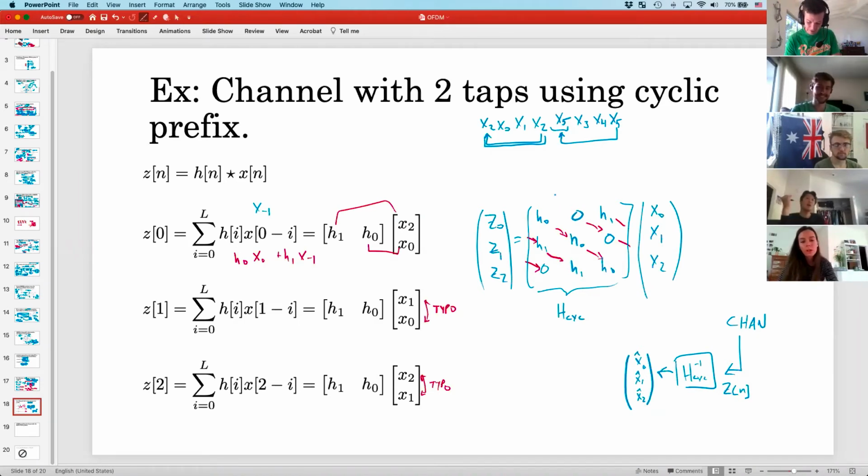So yeah, whenever you have a matrix whose rows are cyclic permutations of each other, this is called a circulant matrix. And one property of circulant matrices is that their eigenvalues are exactly the elements of any given row.